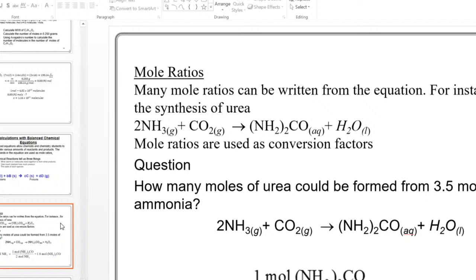For instance, let us look at the synthesis of urea. Urea is synthesized by reaction of ammonia with carbon dioxide.